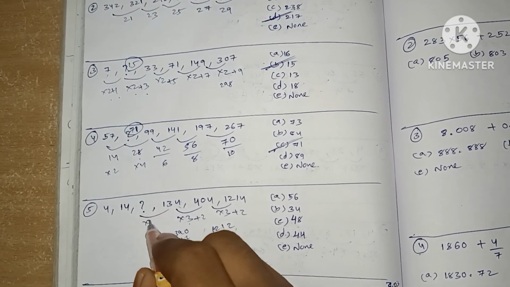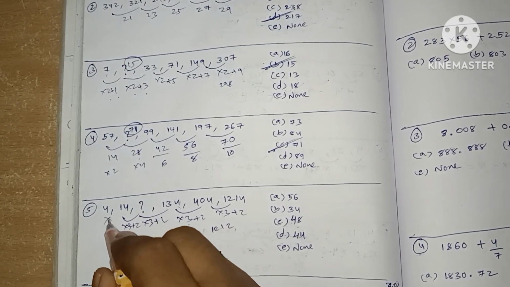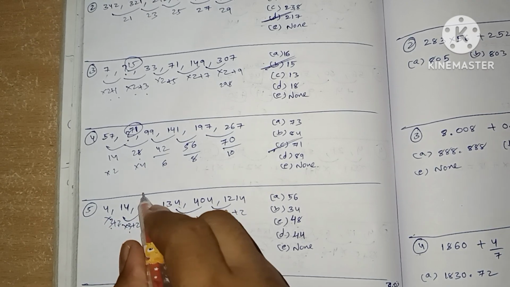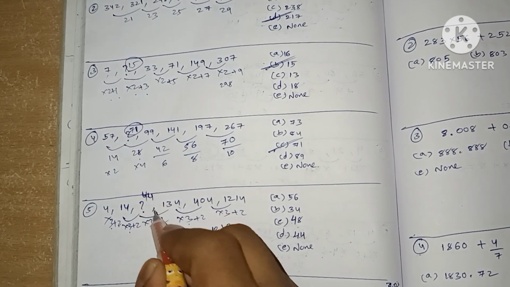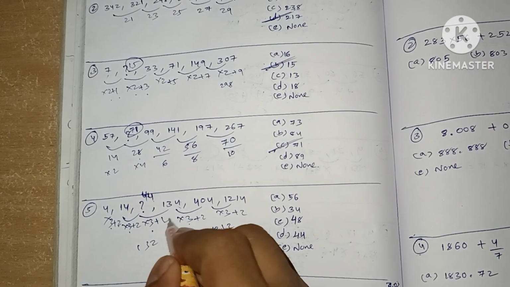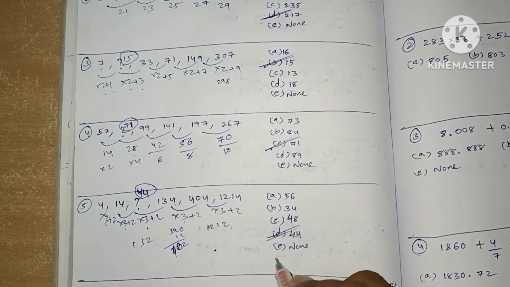So it must be into 3 plus 2, into 3 plus 2, into 3 plus 2. For 3 times 12 plus 2, 14. 14 3 times will be 42 plus 2, which will be 44. 44 3 times, for 3 times 12 and 3, 132 plus 2, 134. So answer is 44. Option D is our answer.